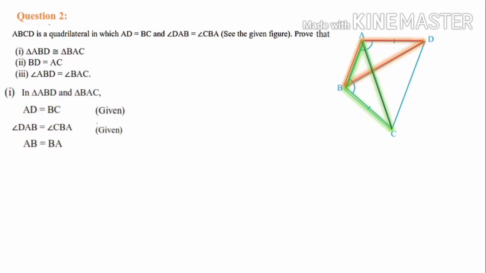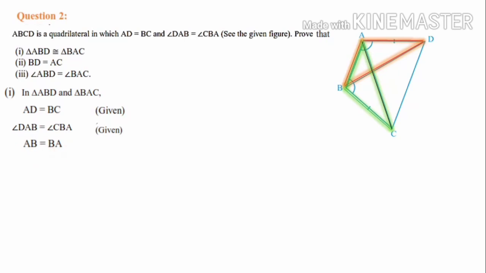So here we have to go for another one, AB and BA. When you check, this AB is common for both green and red parts. So AB is there in the first triangle also, in the second triangle also it is there. So AB and AB are common, but when you write it in the second triangle, we have to write it as BA because the order must be the same.